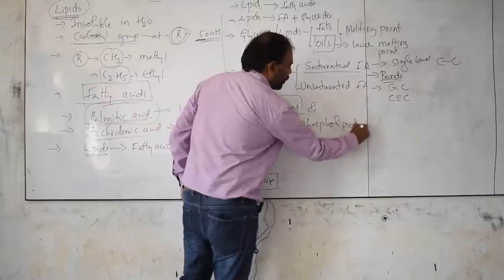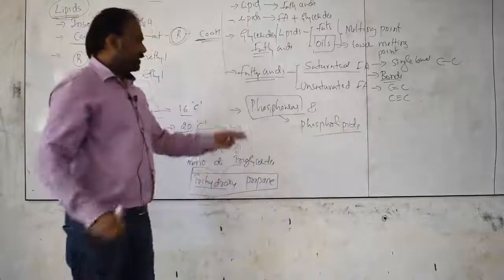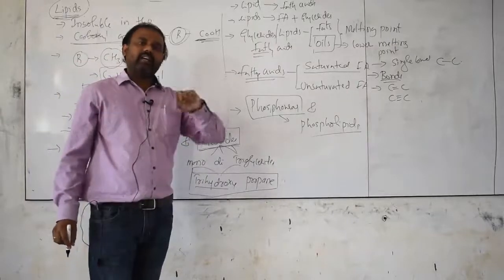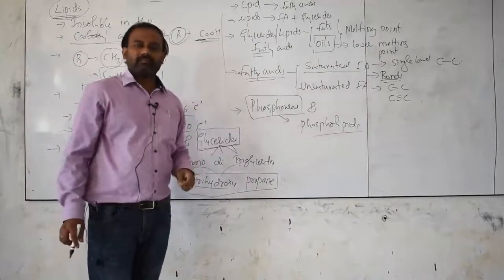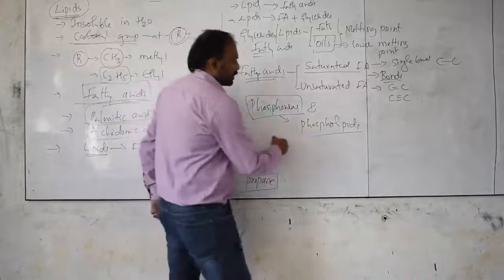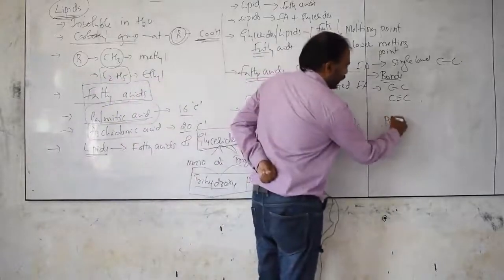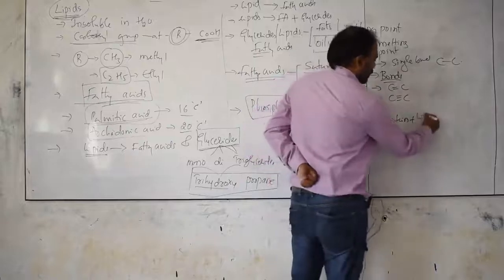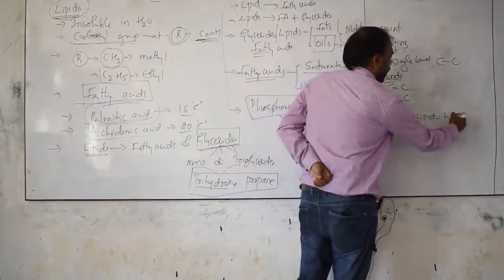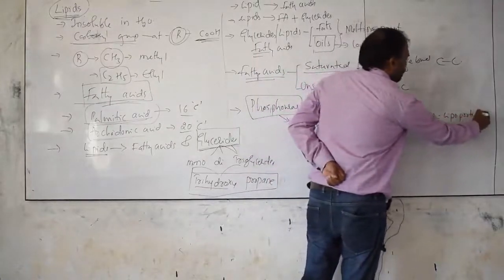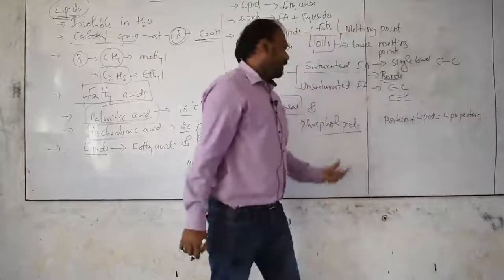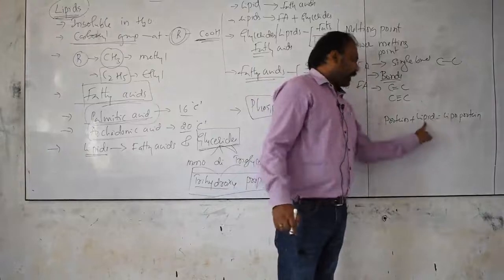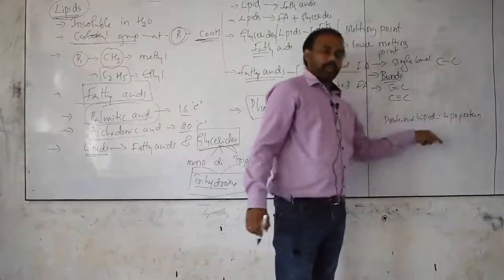See, very simple. If protein is attached with a lipid, it is called, simple, I can tell you people, protein plus lipid, we can call it as lipoprotein. Yes or no? Lipoprotein, very simple. Protein plus lipid, this combination is considered as lipoprotein.